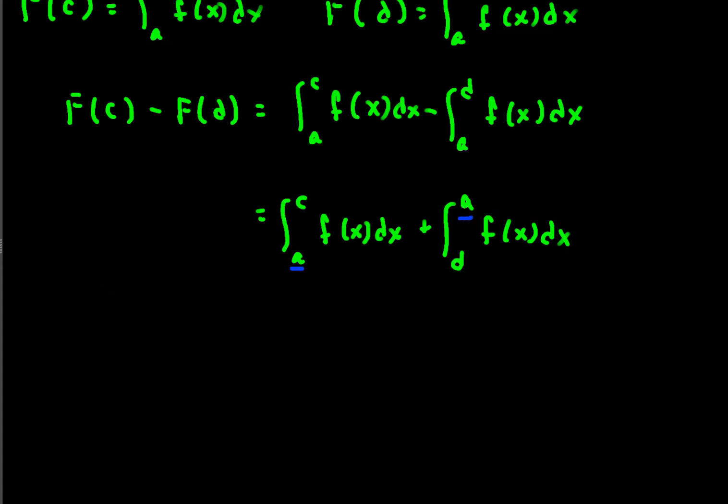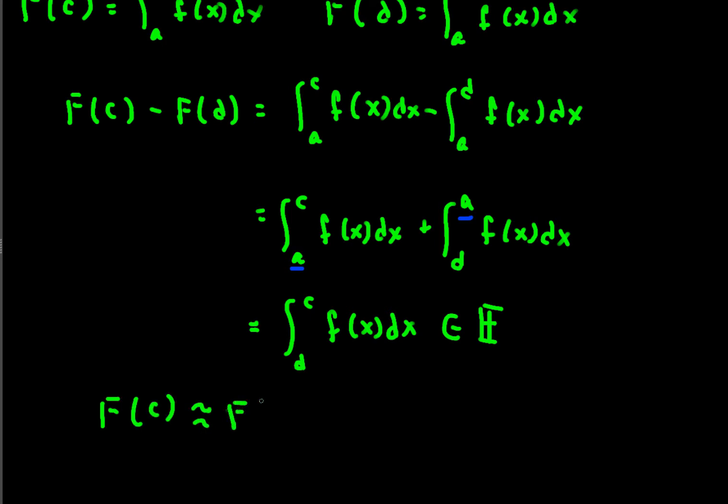So by the additive property, this is equal to the integral from d to c of f of x dx, which we said is an infinitesimal. But if this is an infinitesimal, then F of c is infinitely close to F of d, telling us that this function is continuous.